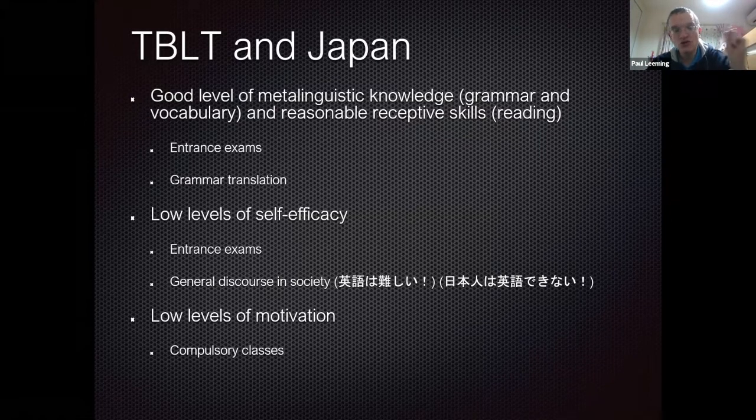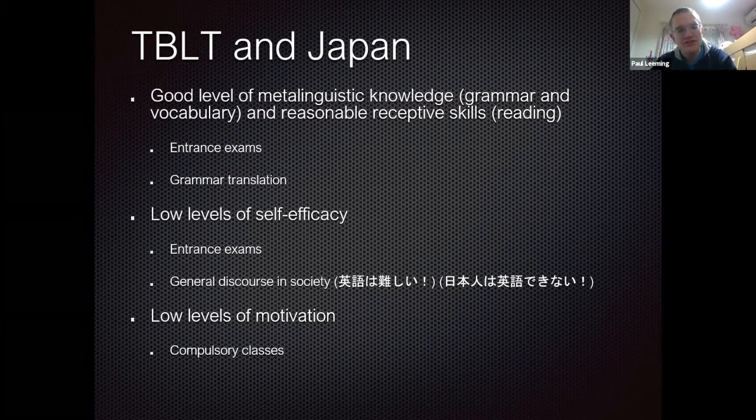So they have this good knowledge, a lot more than they think they have, but with that comes low levels of self-efficacy. Self-efficacy is this belief, yes, I can do this, I can do English. Where does that low self-efficacy come from? It comes from entrance exams that are ridiculously hard, where often people are aiming for averages of 50%. That means an average student only knew half of the information on the exam.